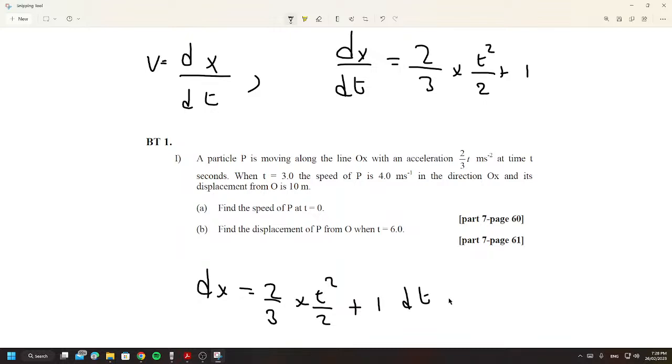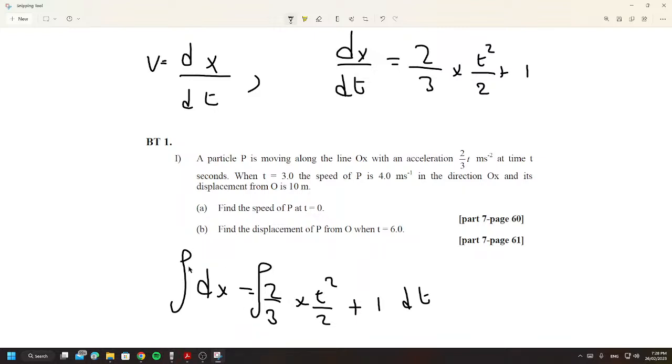Okay, so now we're going to derive again. Sorry, integrate. So integral here and integral here.